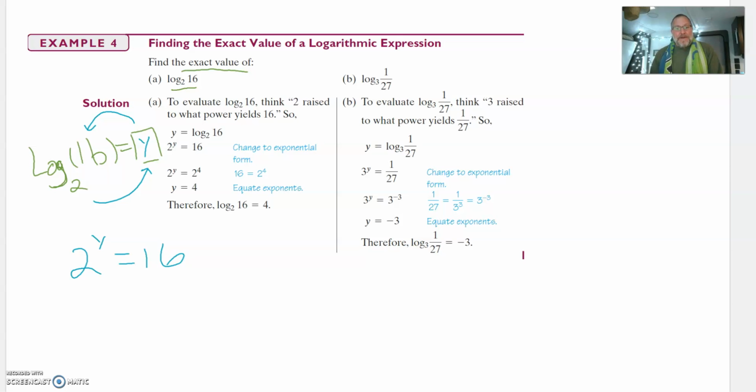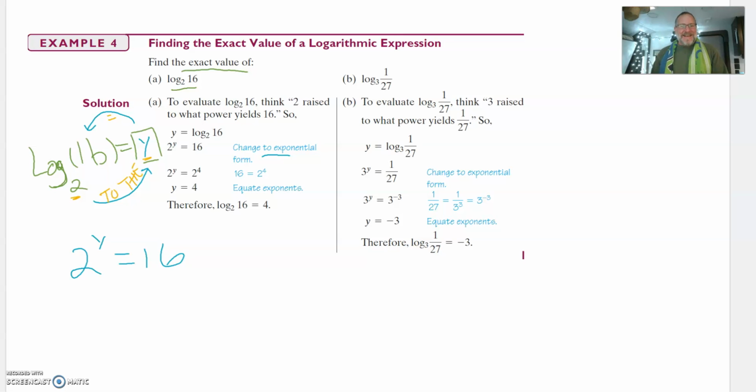Now the theorem, they just give you the theorem. They say, well, the y goes up in the exponent and the number goes over here and the base goes there, and every time I teach it, students forget it. So you know what I do? I say do the circle trick. Okay? Write this down. 2 to the y is equal to the thing on the inside.